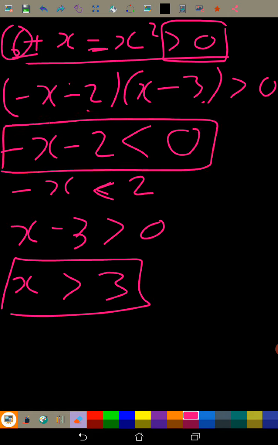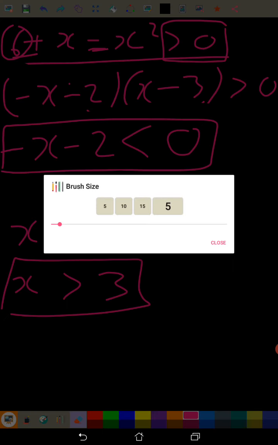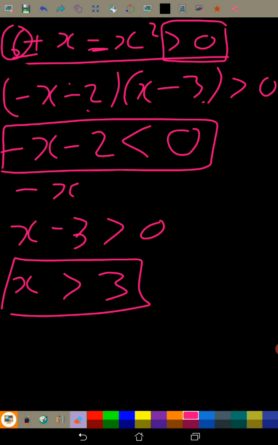Obviously, this should be less than 0 because it's minus. Minus something, minus gives you a positive answer. And for that reason, when we send this over there, we don't have to change the sign.